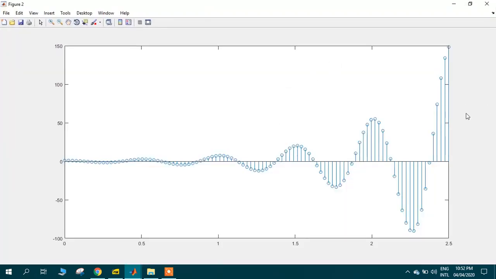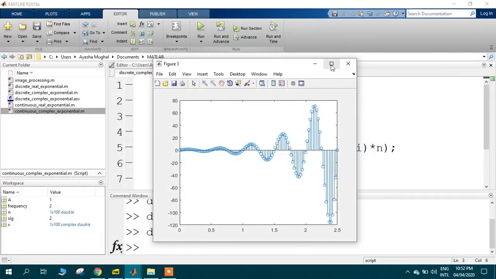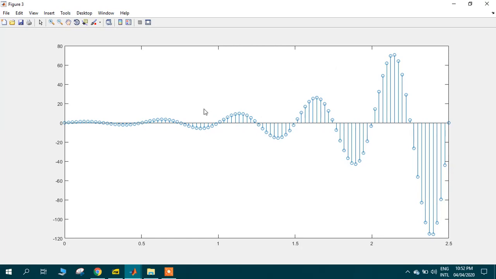We can see that it has a maximum at 0, just like a cos function, but exponentially increasing. And this one is the imaginary part of this function, and we can see that it is just like a sine function, which is exponentially increasing.